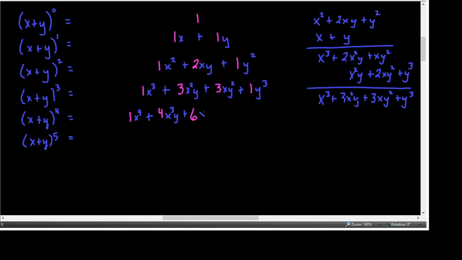So plus 6x squared y squared plus 4xy cubed plus 1y to the 4th.